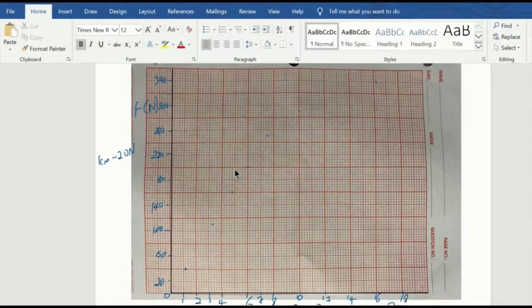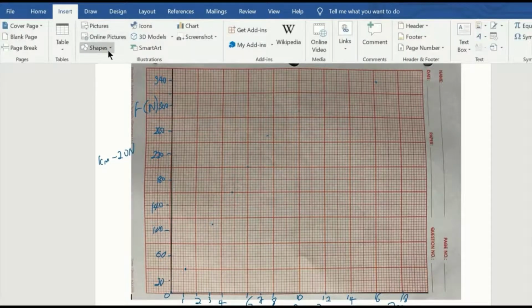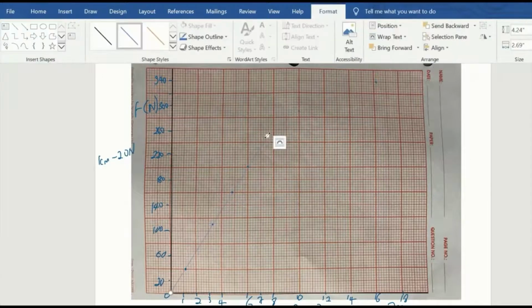What we do next is to join the lines. As you can see, I have a straight line from 0 to 250. So let me draw the lines. From 0 to 250, you can see I have a straight line right there.